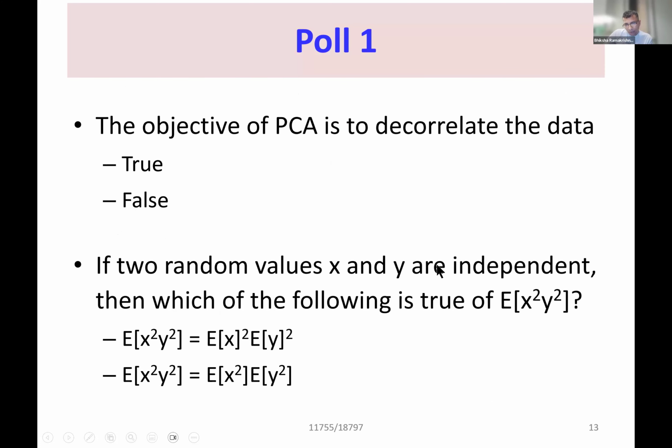So before I continue, let me just give you a poll. And let's see if we can. Can you guys see the polls? Yep, we can see the polls.